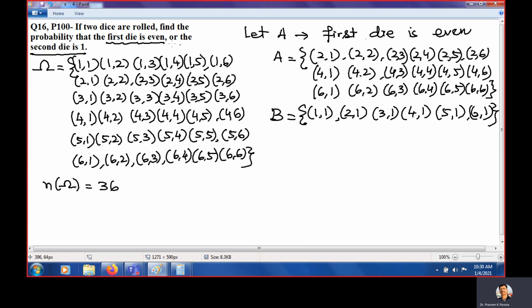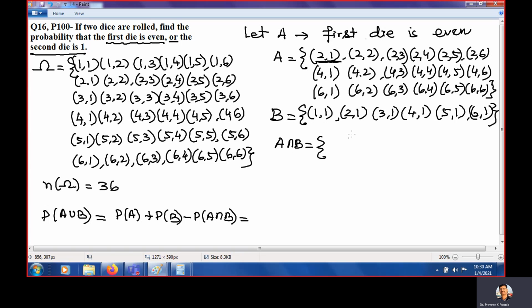Now, because he is asking for OR, he is asking for probability of A union B. A union B is how much? It is P(A) plus P(B) minus P(A intersection B). So we need to find A intersection B also. Is there any A intersection B?